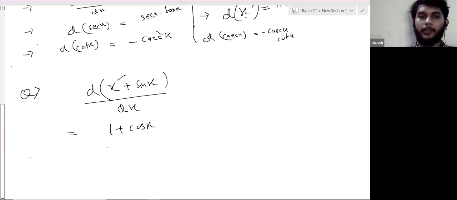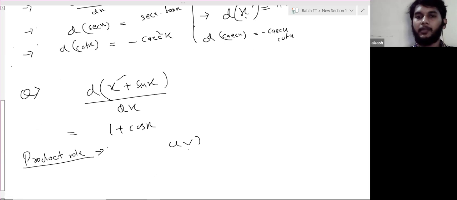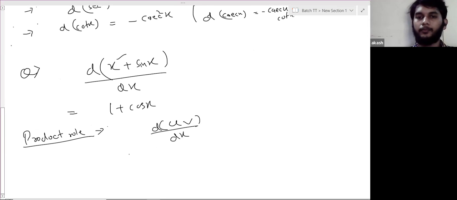Now there was something called product rule. So if you have two functions in multiplication and we have to differentiate that, then what did we do? First function into differentiation of second function plus second function into differentiation of first function, right?